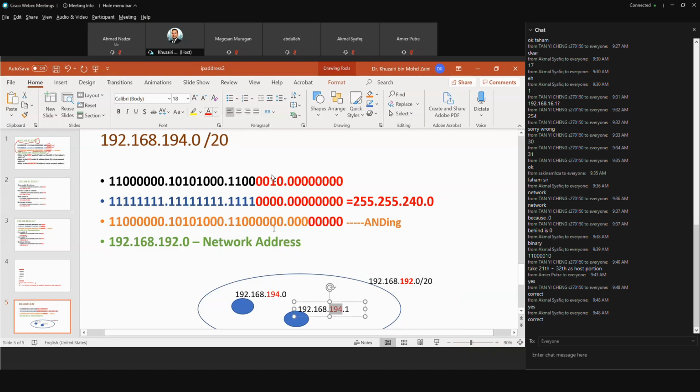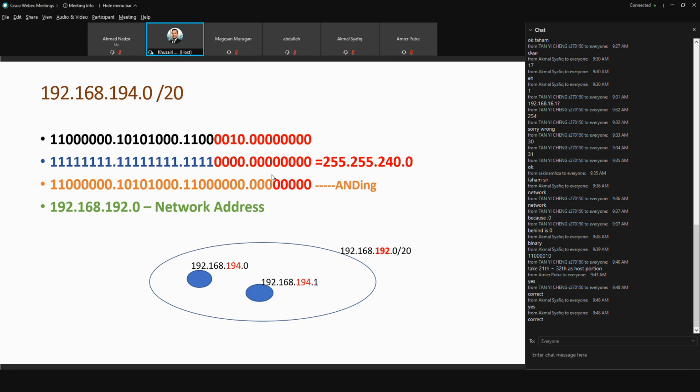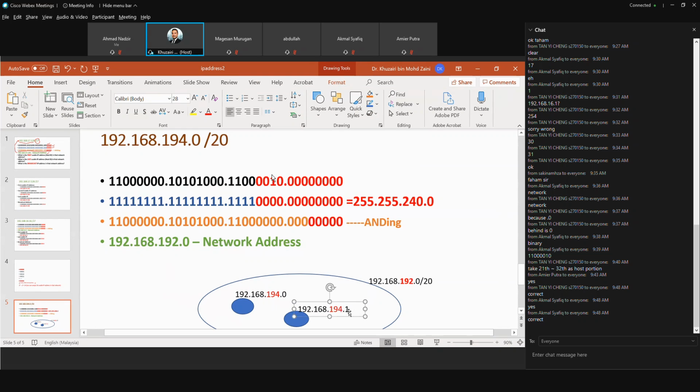This one, correct? Look at the number. Can I have another number, for example?